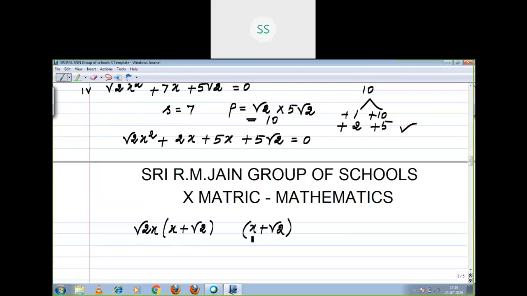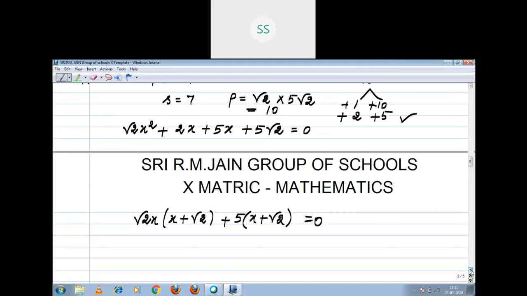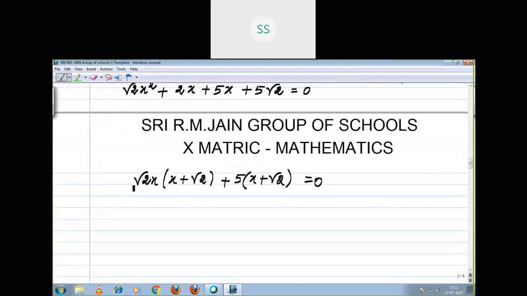Which is common in the previous, plus 5, right? 5x plus 5 root 2, which is common, 5. Right, now. See here, x plus root 2 is common, that you should take outside. What should be the rest? Root 2x plus 5 equal to 0.